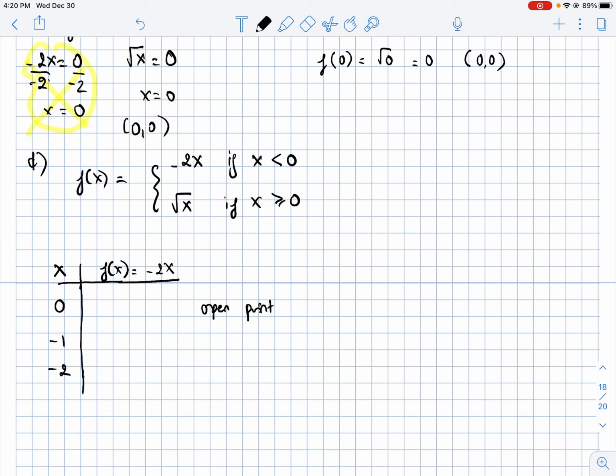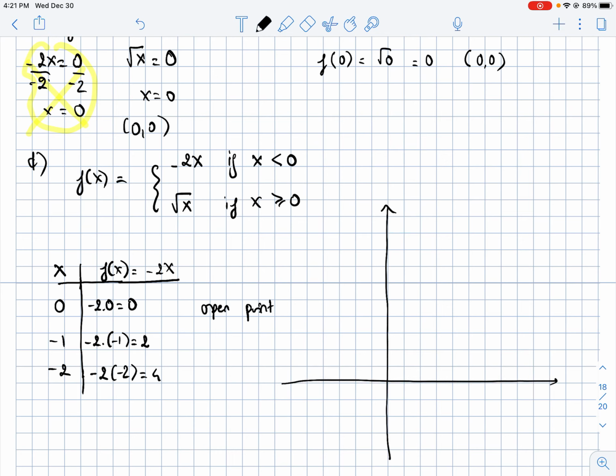And then we make the points that are less than 0, like negative 1, negative 2, negative 3, negative 10, and so on. You notice that this is the equation of a line because the exponent of x is 1. So it is good enough to make only 3 inputs. We plug in and get negative 2 times 0 is 0, negative 2 times negative 1 is 2, and negative 2 times negative 2 is 4. So let's go ahead and graph the first piece.